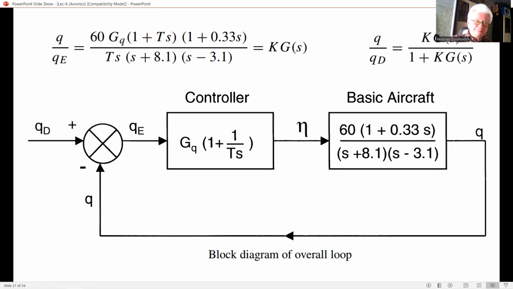T capital is the integral time constant, and q_e is the pitch rate error. The overall loop is shown in the block diagram at the bottom part of our slide. The open loop transfer function is q over q_e. The closed loop transfer function is q over q_d.